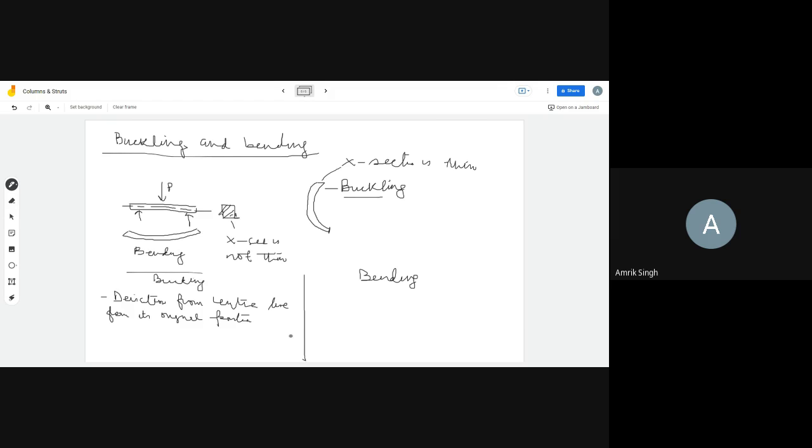And bending is a term used for the deviation of the beam central line.